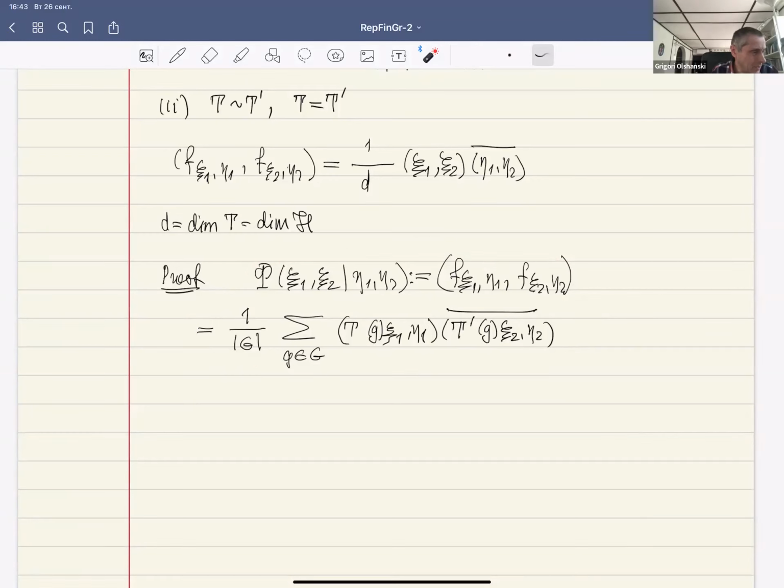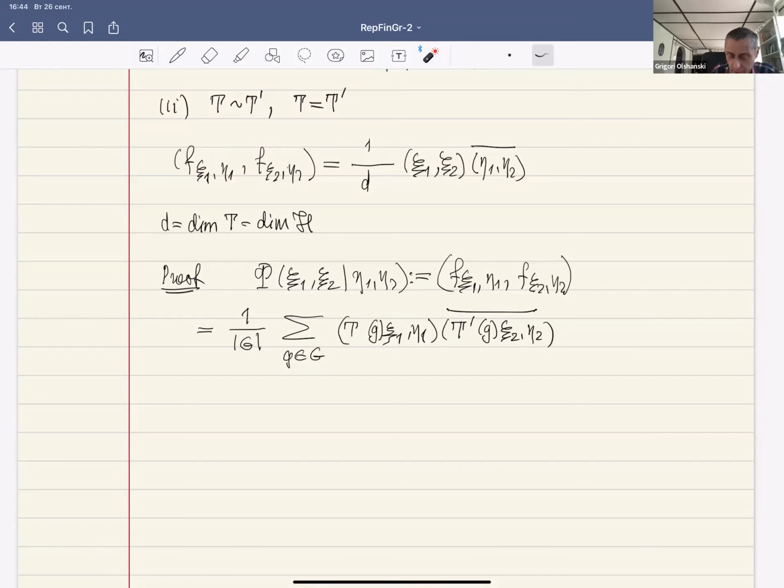So my claim is as follows. If you fix these variables, we get a sesquilinear form in psi1 and psi2, and it is invariant. It's easy to verify.